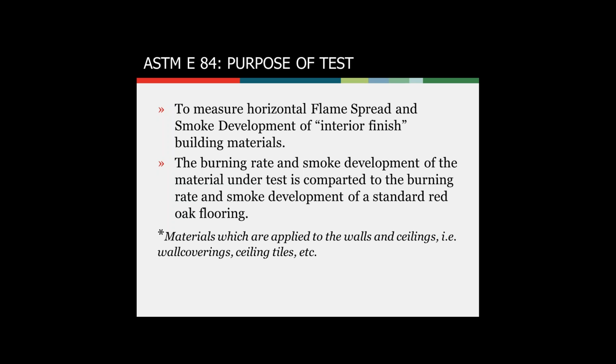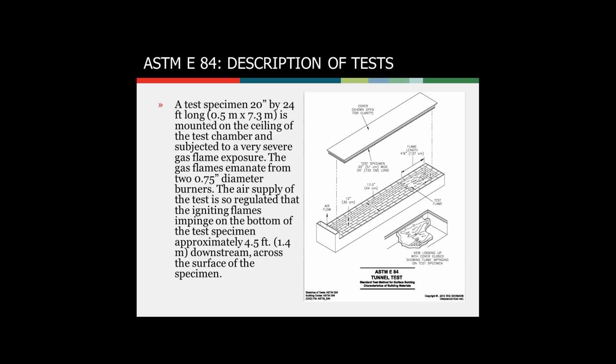The calculations for converting to flame spread are based on the remaining 19.5 feet. At the end of the tunnel, there's a smoke monitor, measuring the smoke given off. So the test gives two values. The rate of burning is expressed as a flame spread index, and the smoke given off is rated as a smoke developed index.